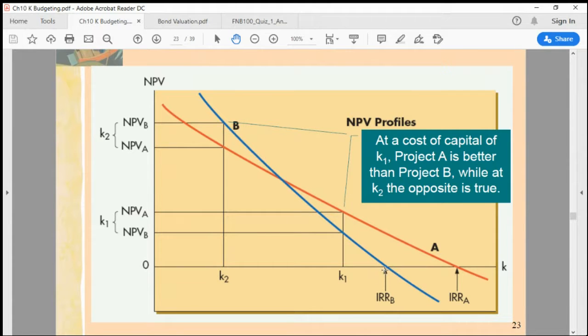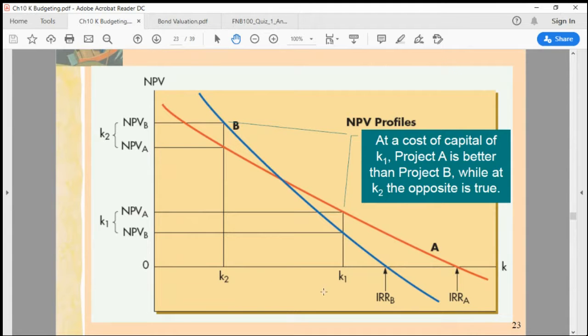Whereas, if the cost of capital is this, NPV of B is 0, but NPV of A is positive. If this is the case, NPV of A is 0, but at that cost of capital, NPV of project B would be negative, right?